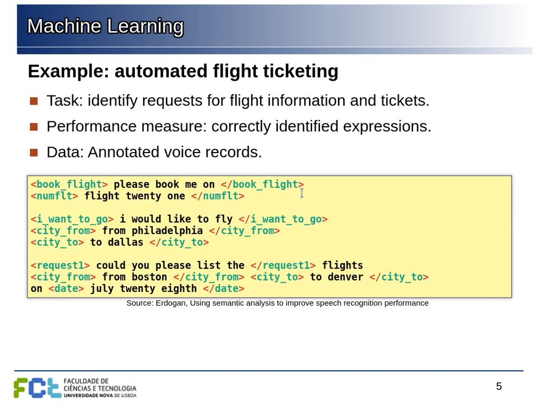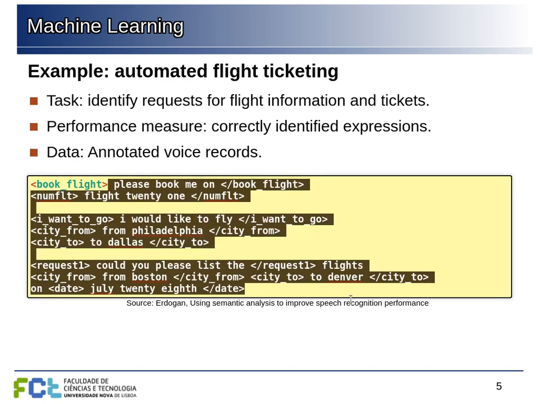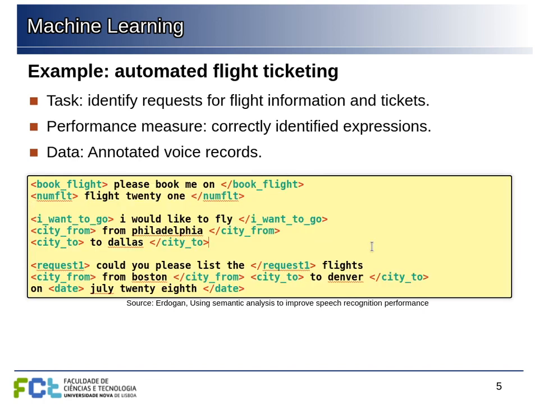A generalized example that is easy to understand is, suppose that you want to create an automated ticketing desk where people could telephone and ask for information about flights and book flights and buy tickets and so on. So the task would be to take a voice input from a phone call and identify which segments correspond to each element of what the customer is saying.